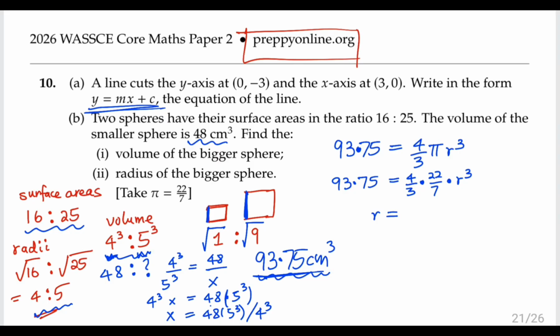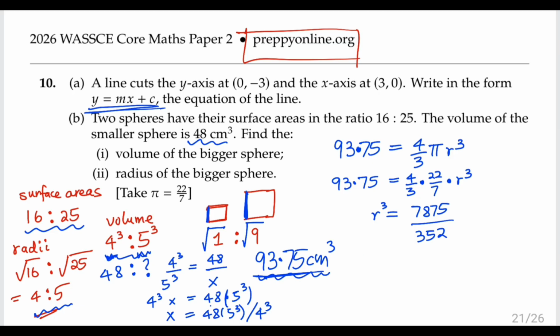So you can punch that into your calculator. When you do that, you're going to get r cubed is equal to this fraction, 7875 over 352.